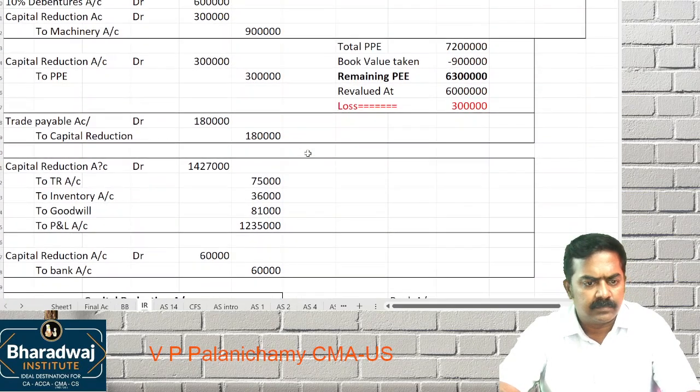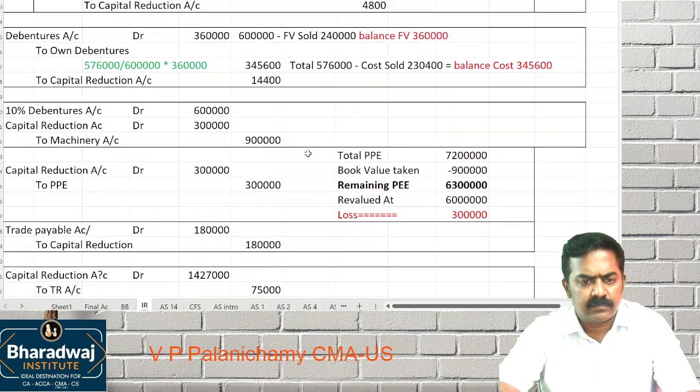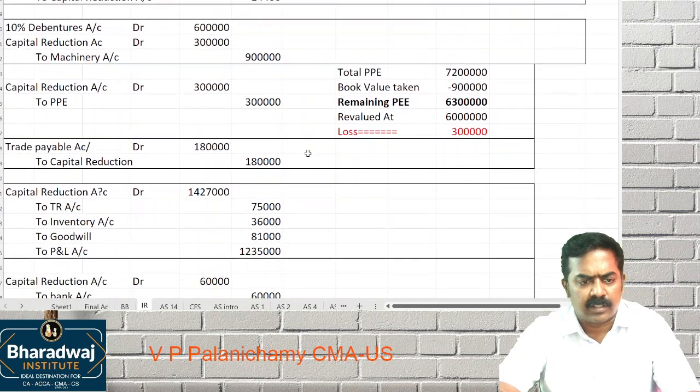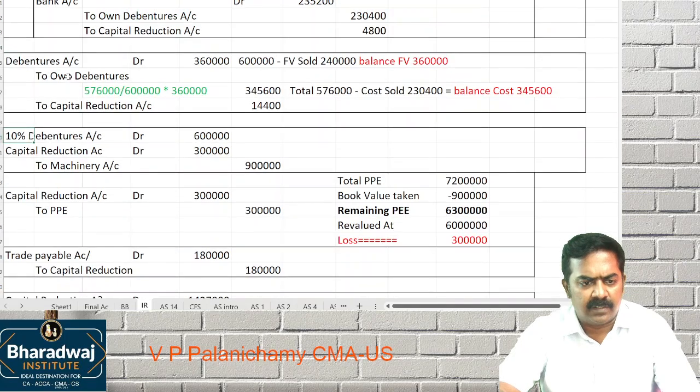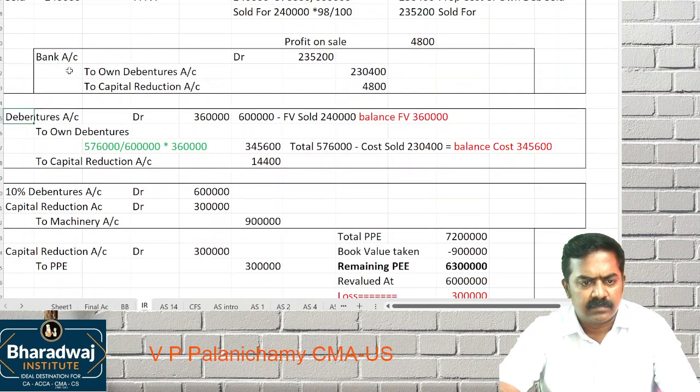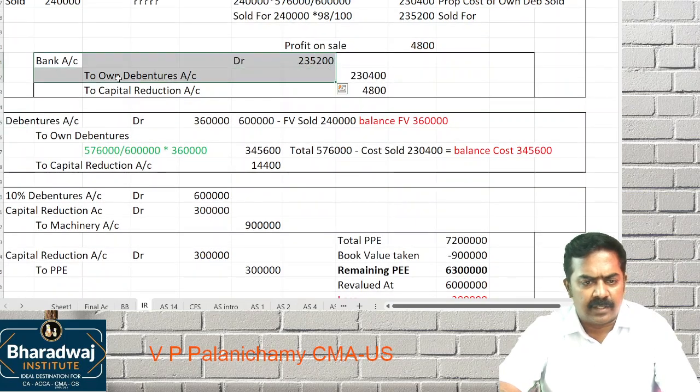Is that all? It will not come, because only cash collection and payment will. This will not come. Bank account debit to own debentures. Okay, to capital reduction.